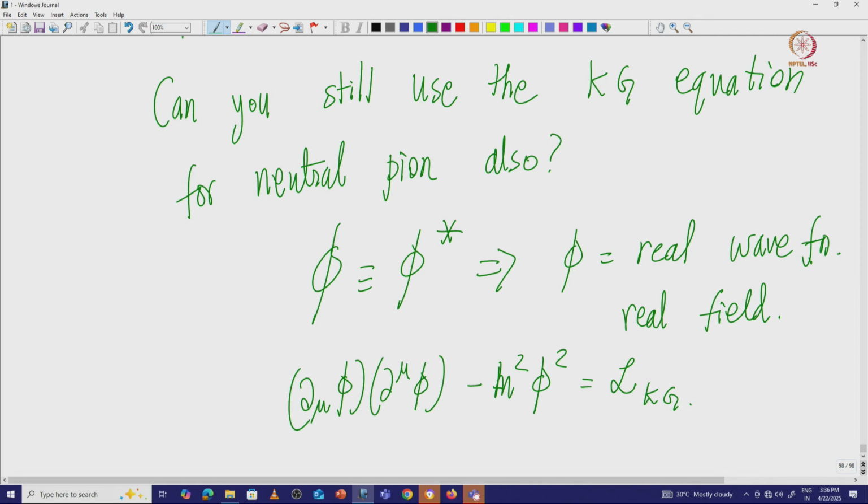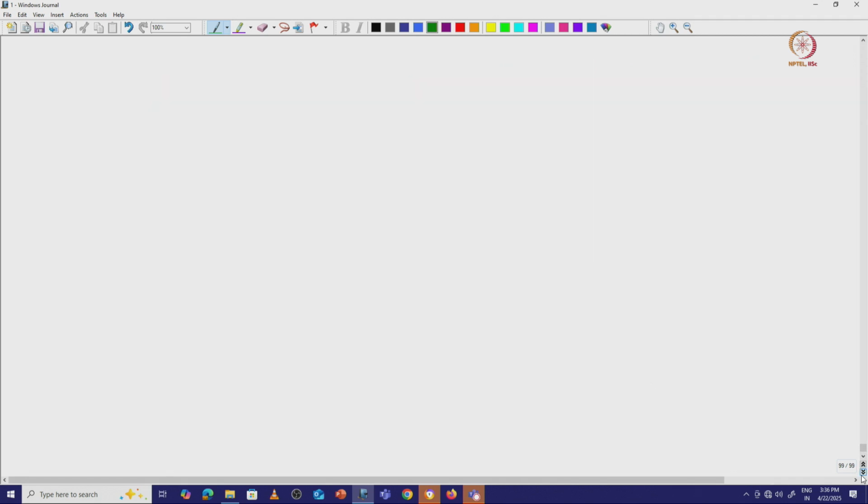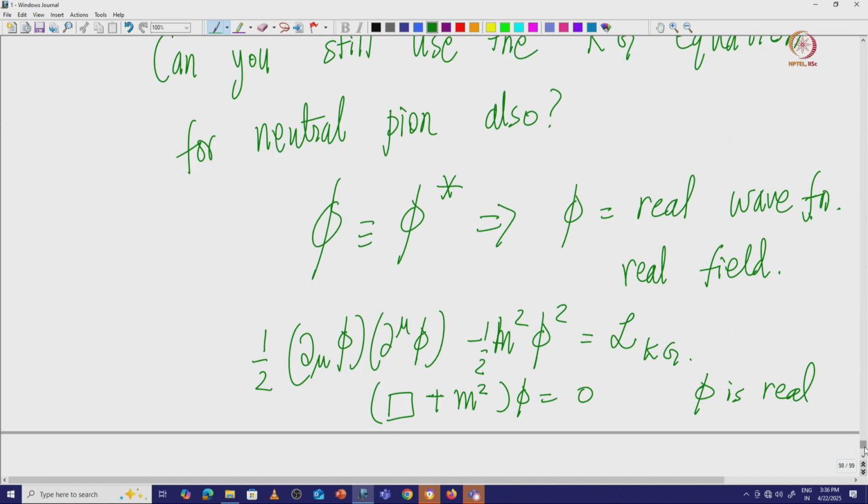If you derive, you should put a half in front of this, because you should get the equation to be del plus m square into phi is equal to 0, where phi is real. I will rewrite it neatly. So how do you represent it in terms of a real field?